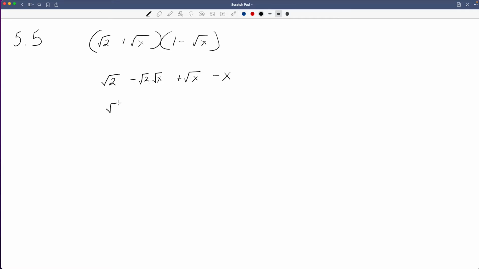So we would say the square root of 2 minus the square root of x times, actually that'd be positive, negative square root of 2 plus 1 minus x.